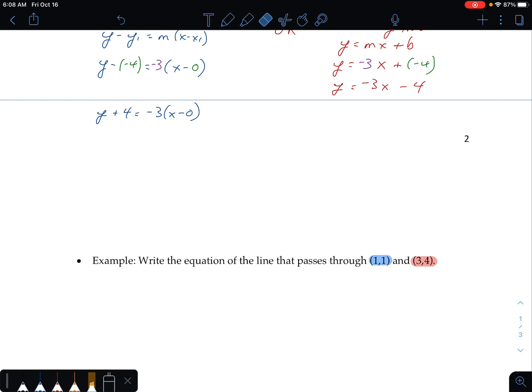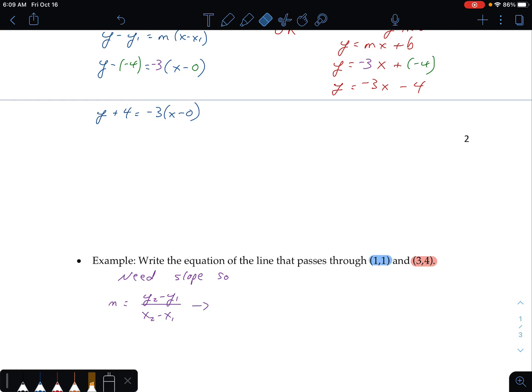Okay, good. Next we have our last one, the equation of a line that passes through two points. We're not given the slope here, but we need the slope, so we have to solve for it. Slope, m, is change in y over change in x. We plug in our values. As long as we're consistent with the order, it doesn't matter which one we pick as x1 and which as x2, but they have to be paired up together.